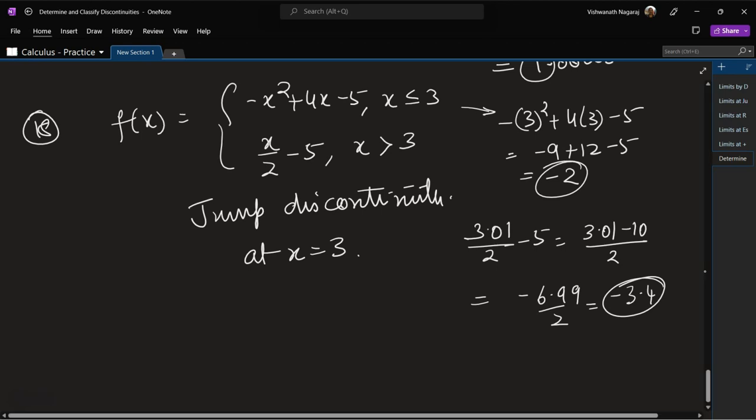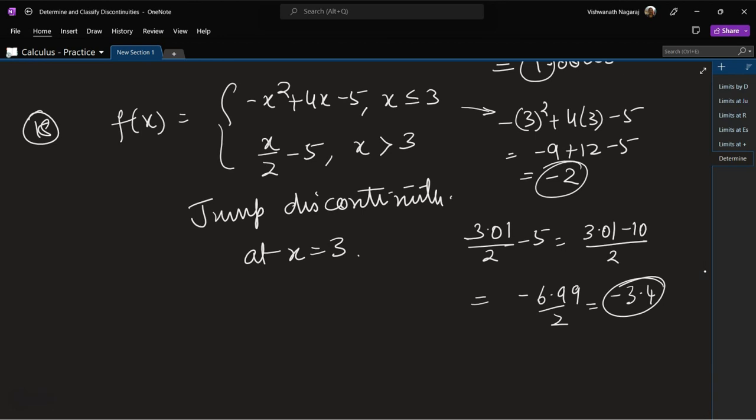Because this is not equal to this. So there is a jump discontinuity at x equal to 3. So that is determining the intervals of continuity and classifying the discontinuities. That's it. Bye.